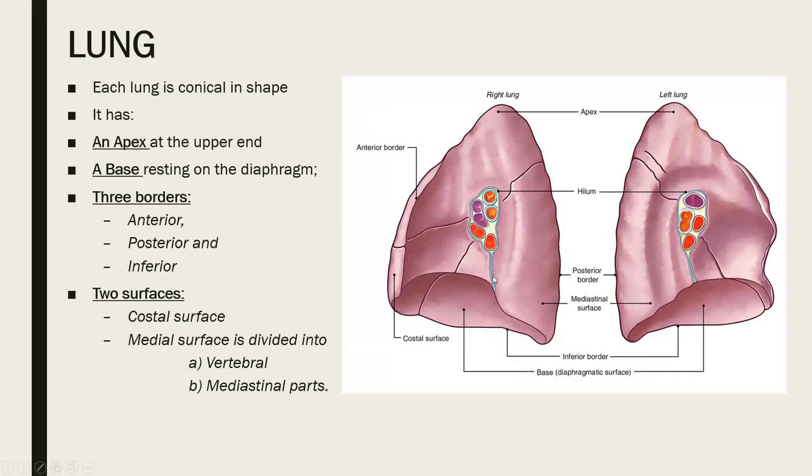The medial surface is divided into an anterior mediastinal surface, over here, and the posterior vertebral surface. This is the vertebral surface and this is the mediastinal surface.